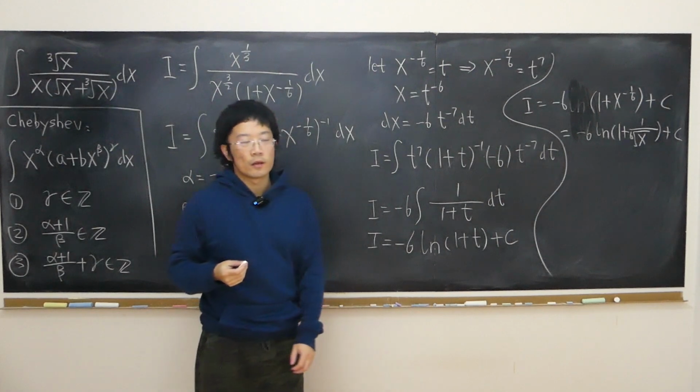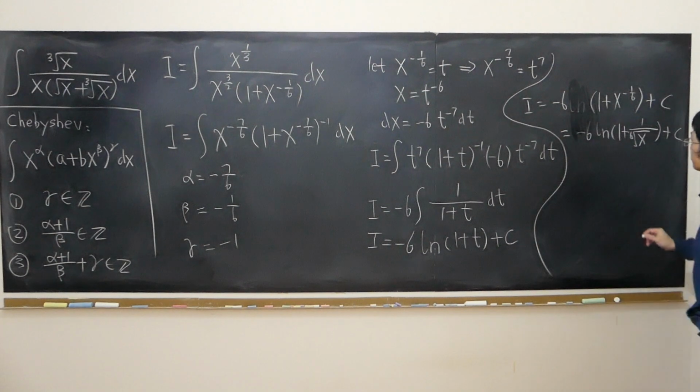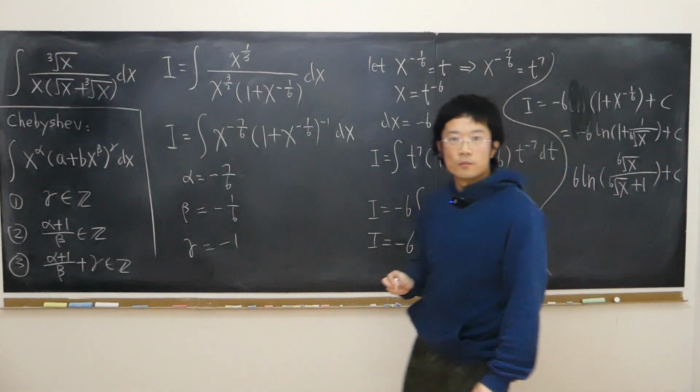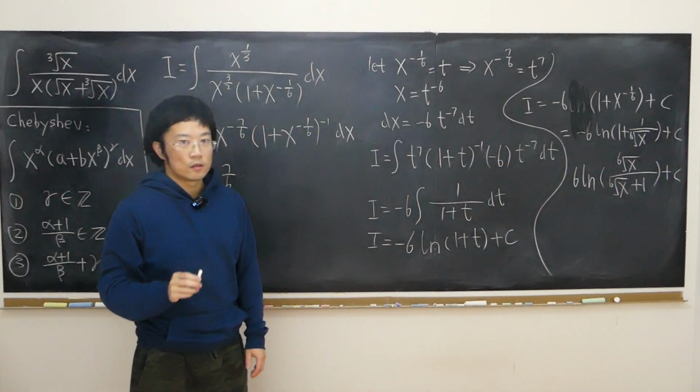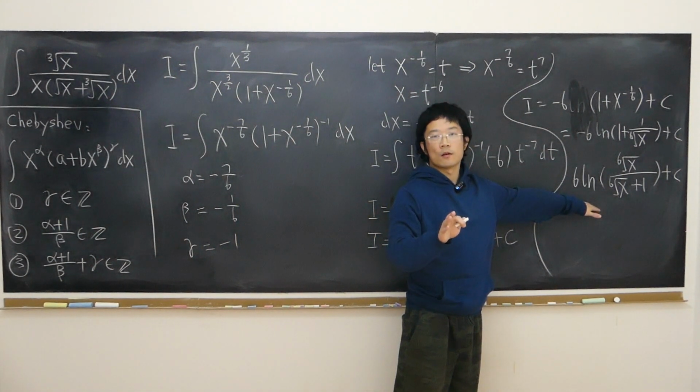Maybe you come up with some solution that looks like 6 times log of, maybe, x to the 6th root over x to the 6th root plus 1. Or maybe it's different, but it's actually the same answer. You're not wrong, I'm not wrong either.